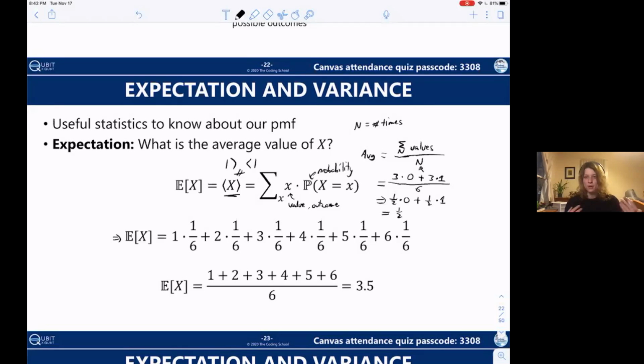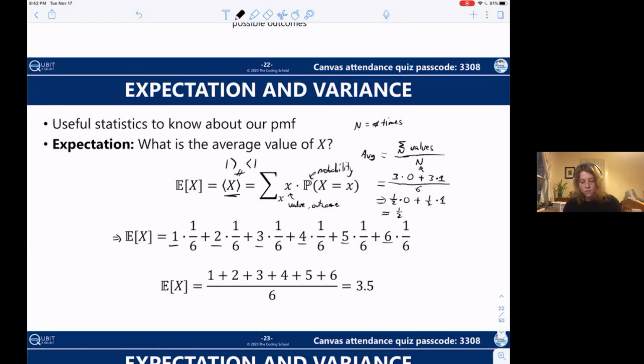Our average value would be 1/2 if we have a 50% probability of getting a 0 and a 50% probability of getting a 1, which is a very straightforward number to get out. But it's quite a bit more confusing when we have a bunch of numbers from 1 to 6 that we're summing over.